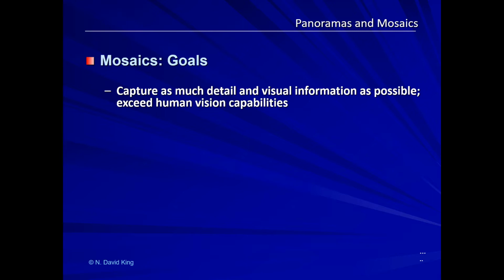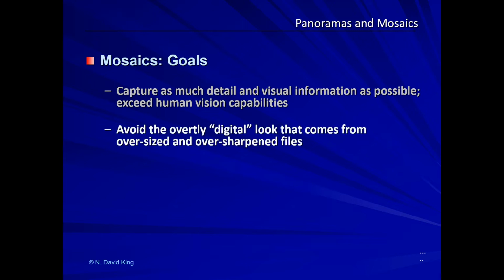Now that's amazing. You can discover things in your photograph that you could not have seen while you were standing there. It also allows us to make these large files, but without the digital look that comes from oversampling and over-sharpening files to make them bigger and yet still look sharp and look normal. This is a way to avoid all of that.